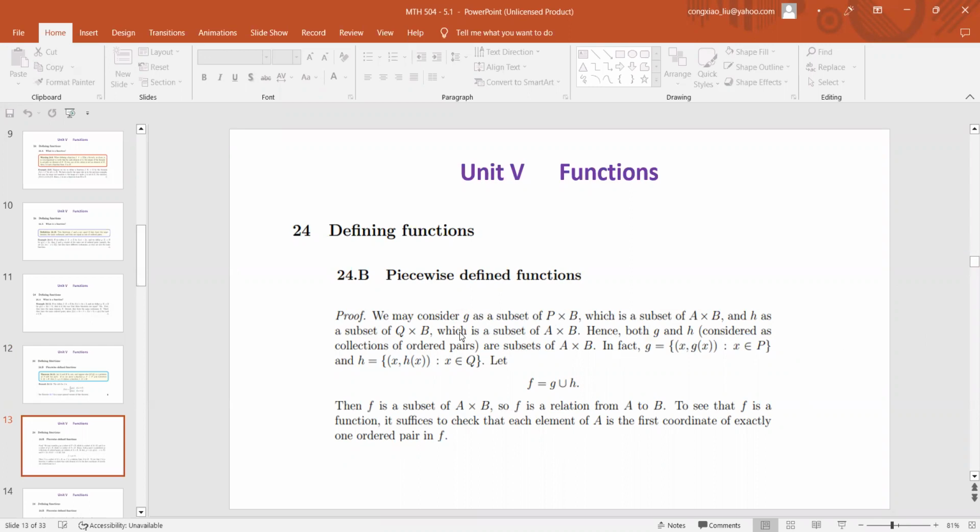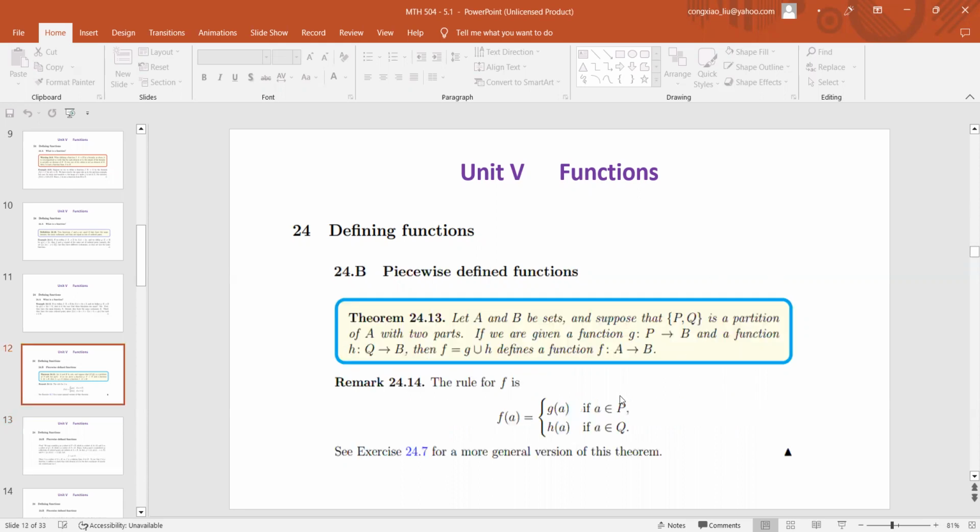In that way, you consider the two functions g and h given in the theorem as sets of ordered pairs. Remember g is from P to B, and h is from Q to B.